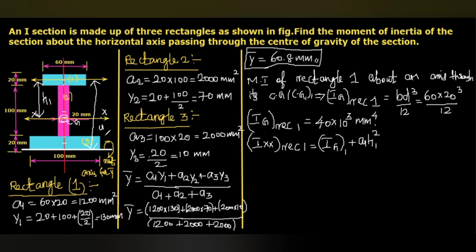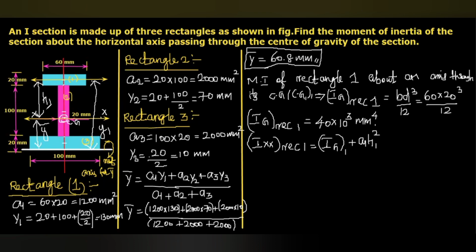This whole distance is y1. And the y bar that we calculated is from the reference axis up to this distance. Do you understand? From the reference axis to the CG1, that is y1. Reference axis to the CG of the whole section, that is y bar.